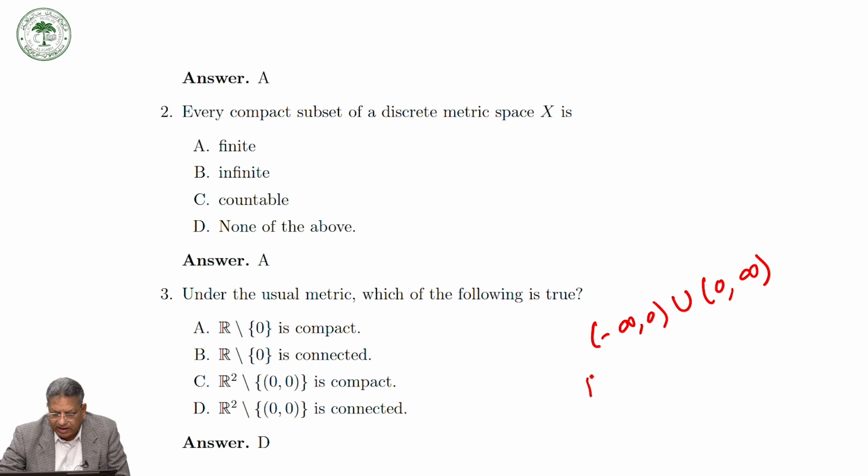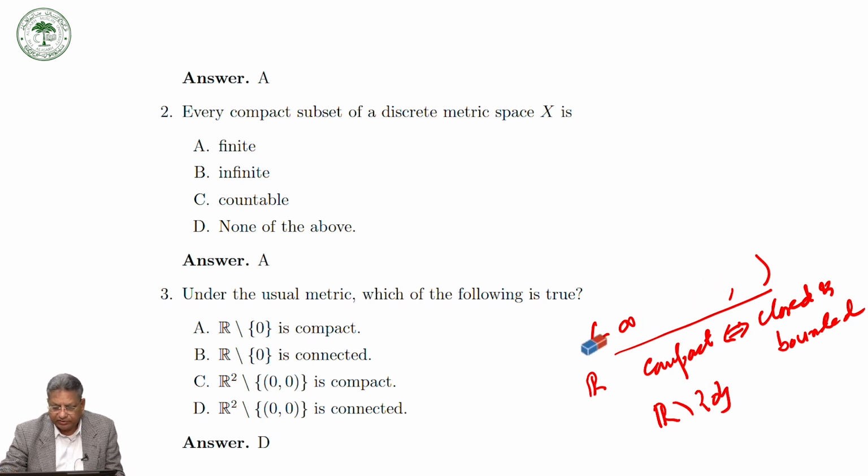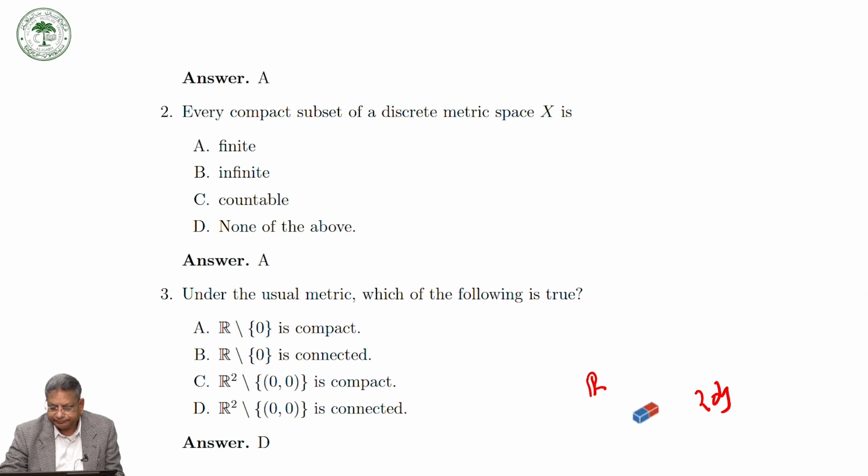And in the real line R, a set is compact if and only if it is closed and bounded. But this set is not closed, and therefore R minus 0 is not compact. So it is very clear that the first one is not true.